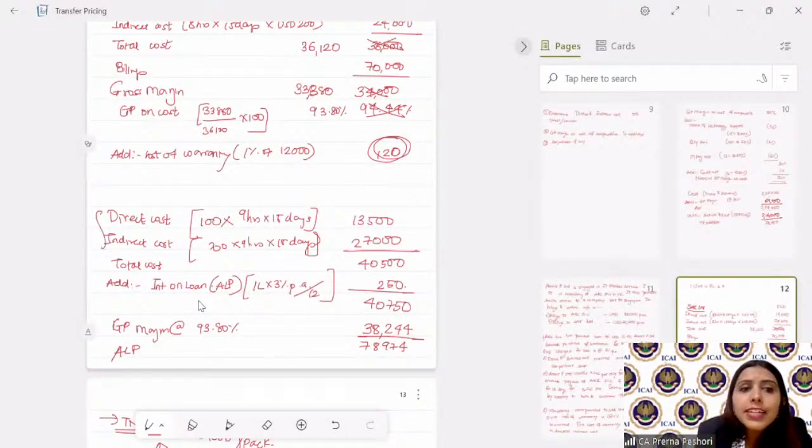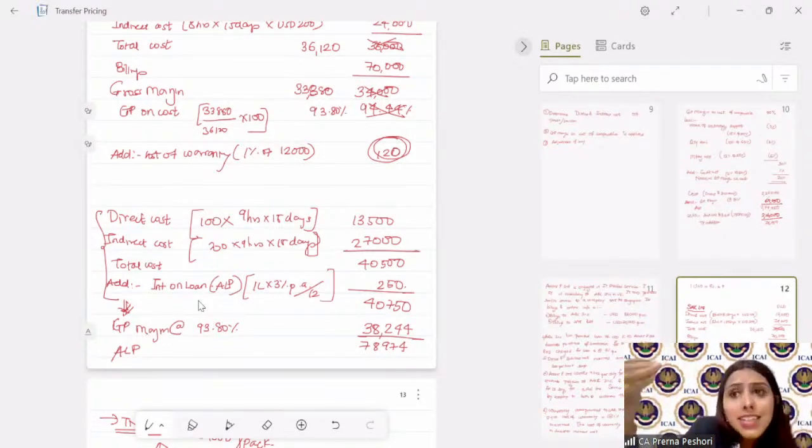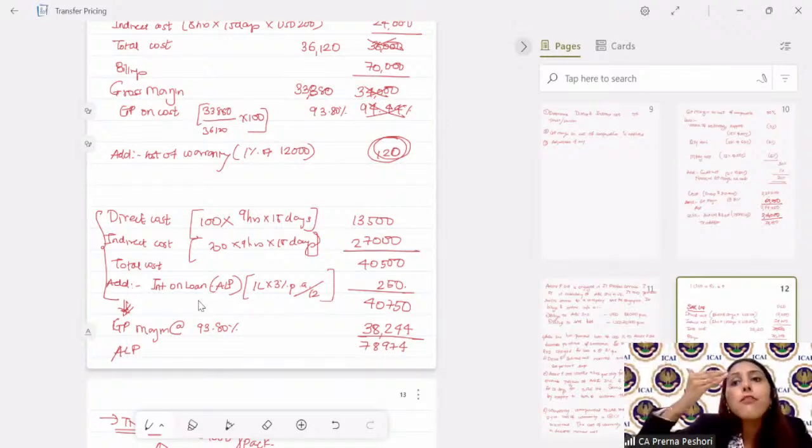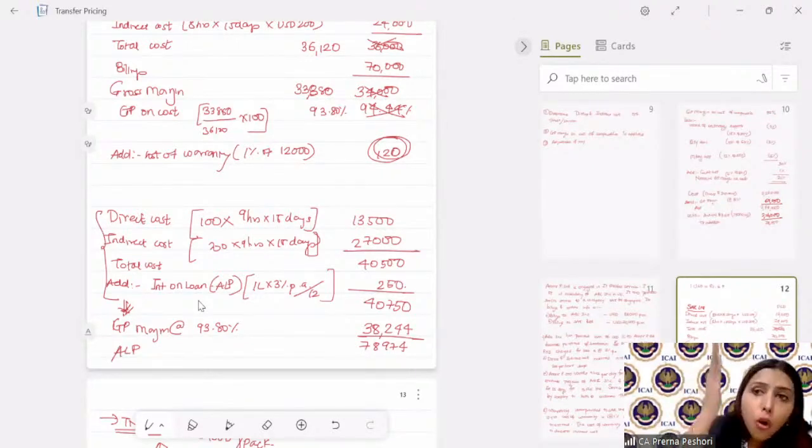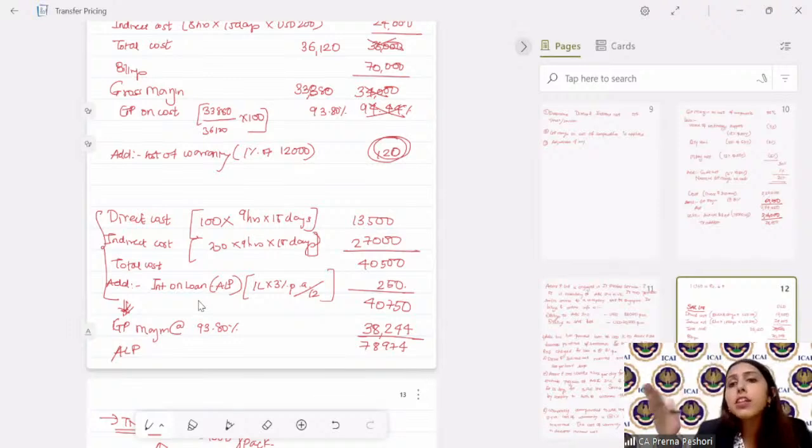So we are first adding all the cost, and on the cost we have to calculate the gross profit margin. On the cost we will have the margin, whereas in that case we reduced the margin from the sales to come to cost, and from that we reduced the installation charges. Are you getting it? There the total cost was there, and from total cost I reduced installation charges to come to my purchase price. Here I am first adding all the cost to arrive at the total cost, and then adding the GP on it to come to the selling price.